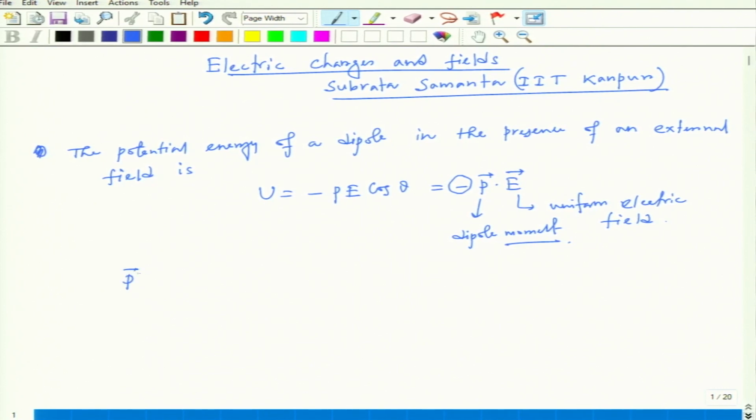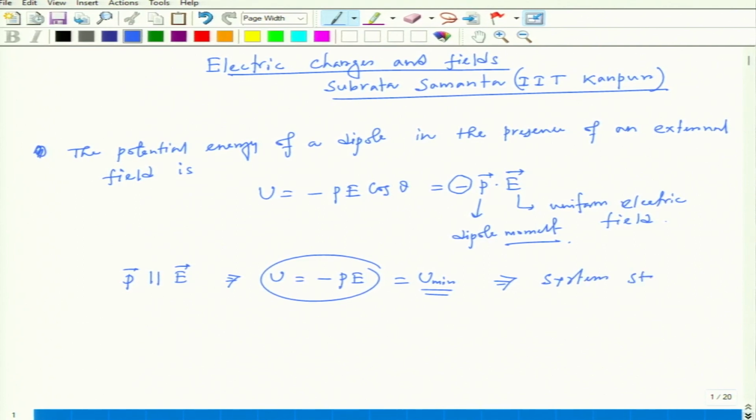When P is parallel to E, that is, the dipole moment vector is parallel to the electric field vector, the potential energy is minus P E, the minimum value U minimum, and the system becomes stable, because the system is stable when its potential energy is a minimum. So this implies that the system is stable.